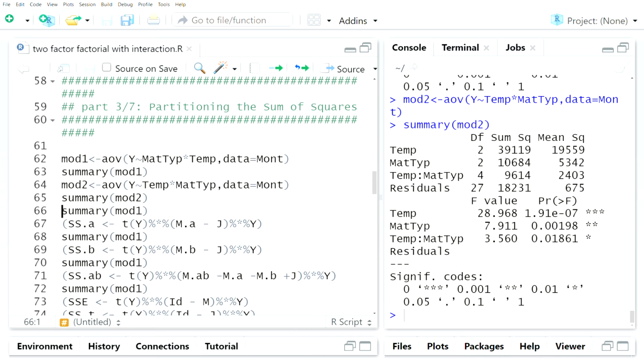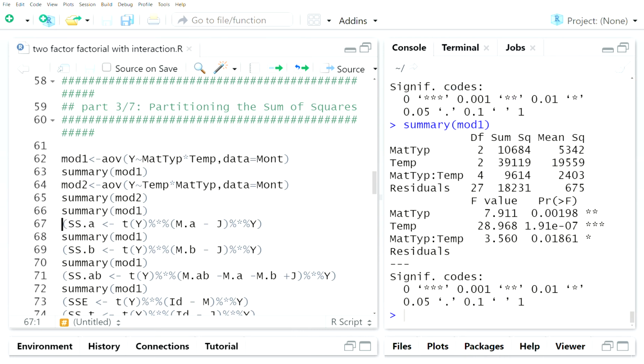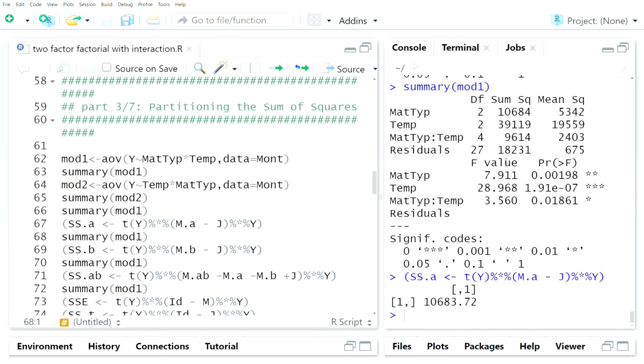Now I want to derive the sums of squares based on the matrices that we calculated in part 3. So I'm going to repeat the summary and then the analysis. SSA is the sum of squares for factor A, which is material type.